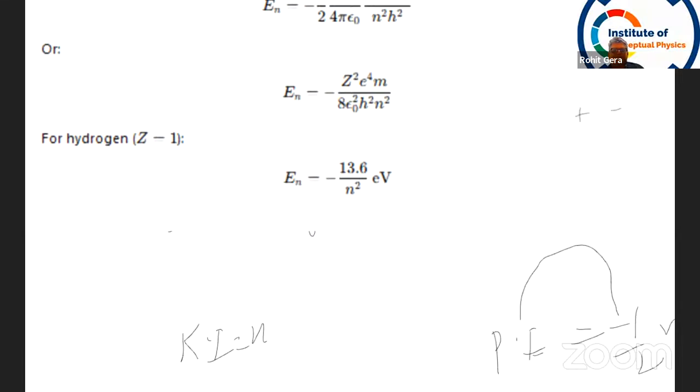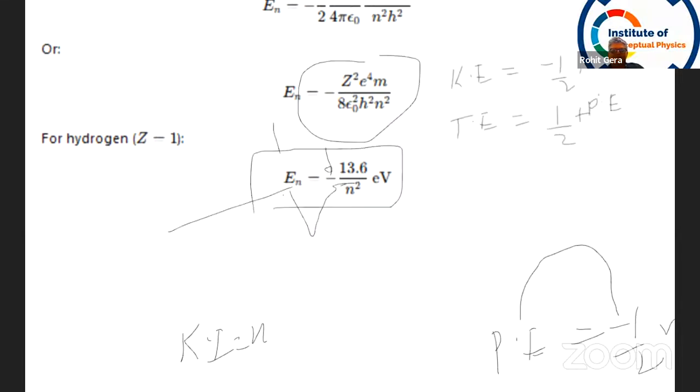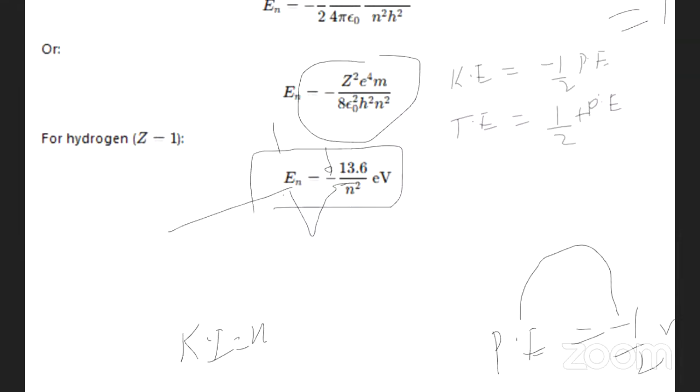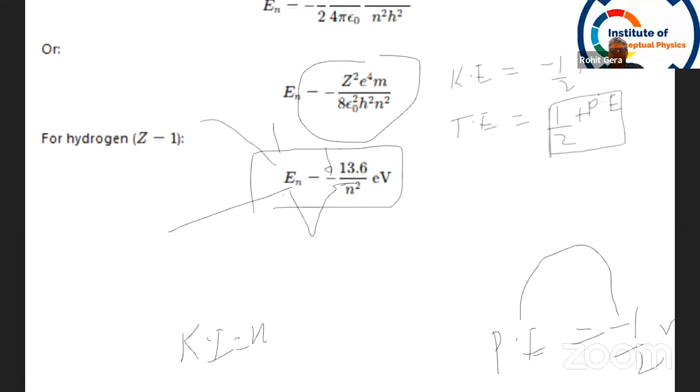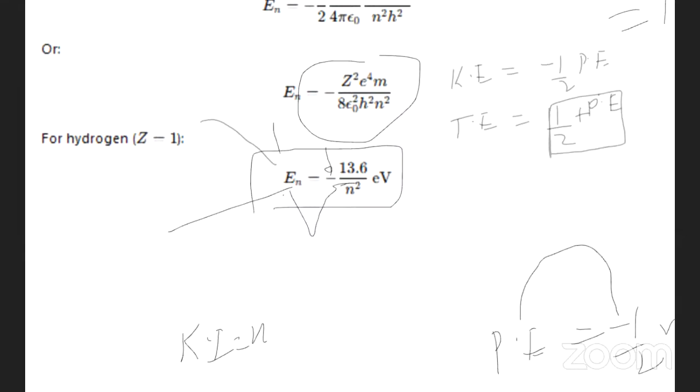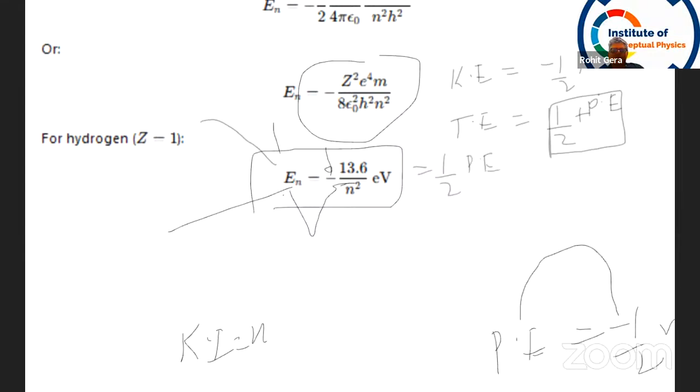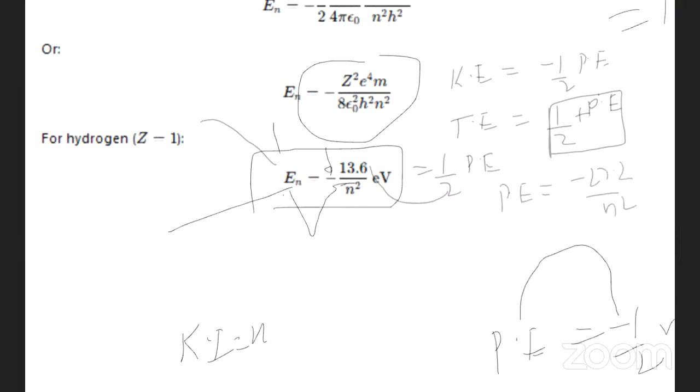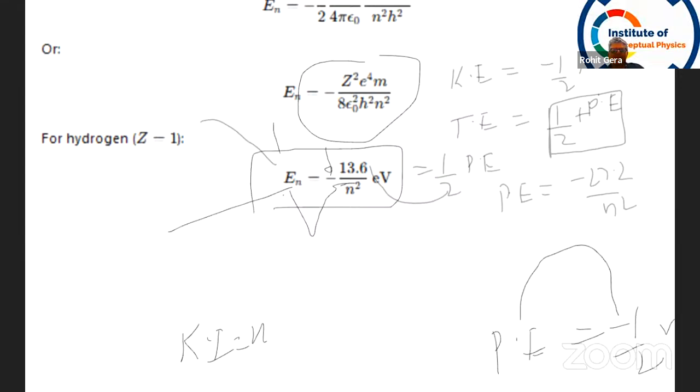So it is equal to half of PE. Take 2 to the other side, you will get PE is minus 27.2 by n square. And if you put a negative sign in front of this, you will get your kinetic energy.